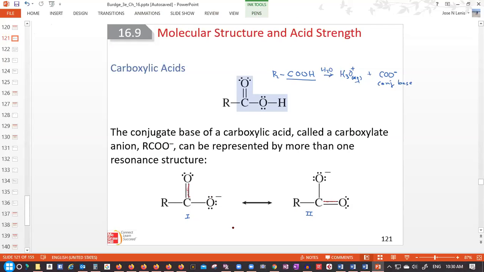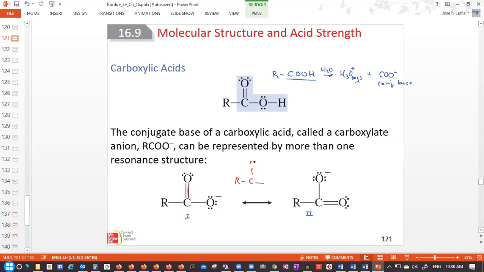So there's not a unique structure for that group, the COO minus. It could be here or here. In other words, the resonant structure shows the delocalization of these pi electrons.